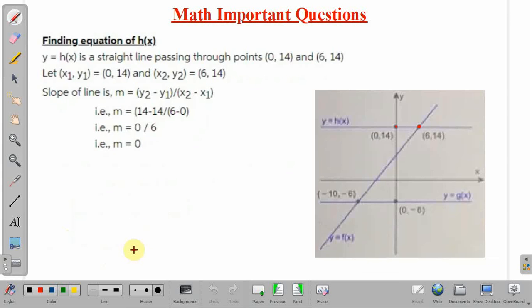Next, we will find the equation of h(x). From the given graph, we can see h(x) is this line, a straight line passing through (0, 14) and the second point (6, 14).